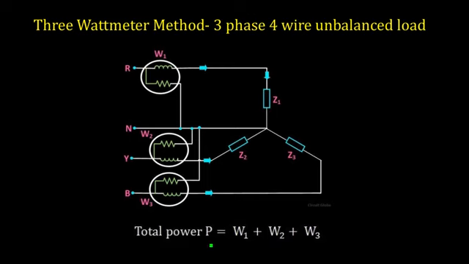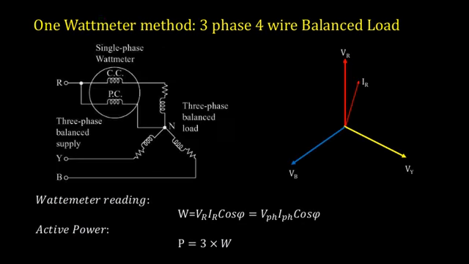The total power consumed in a 3-phase 4-wire unbalanced load will be the sum of the 3 wattmeter readings, W1 plus W2 plus W3. You can draw your own phasor diagram and verify it.